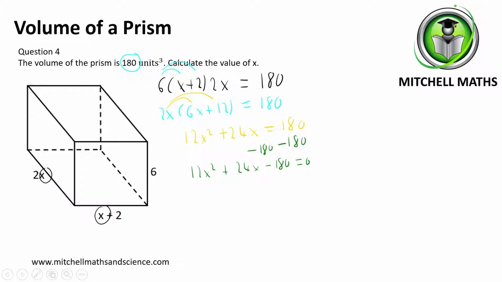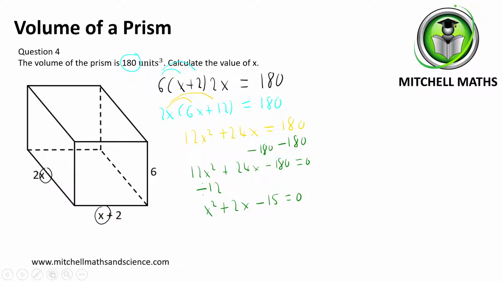What I noticed though is all the terms in that equation you can divide by 12. Even if you divided by 2, you could divide again and again, and eventually you get to the same point. So if we divide everything by 12, 12x squared would become x squared, 24x would become plus 2x, and minus 180 would become minus 15.